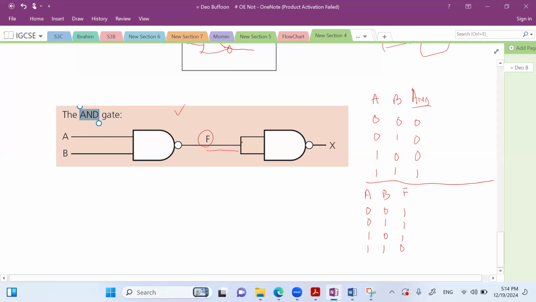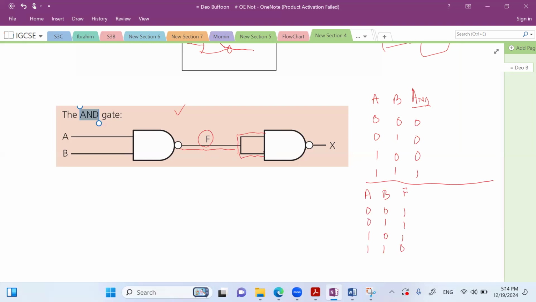This particular output is coming out from here, and the same output is split between two inputs, and we are sending it into another NAND gate.